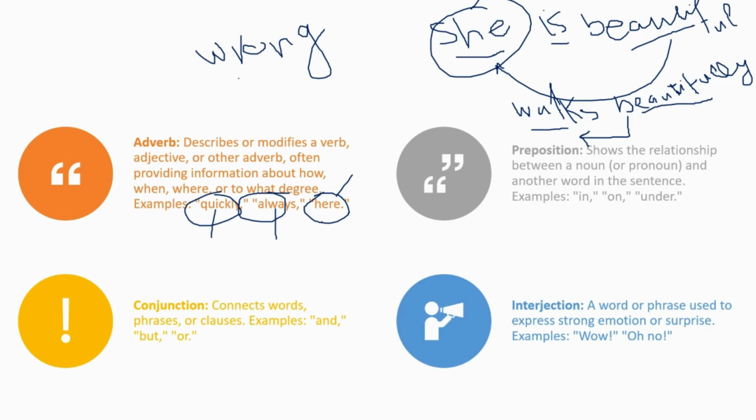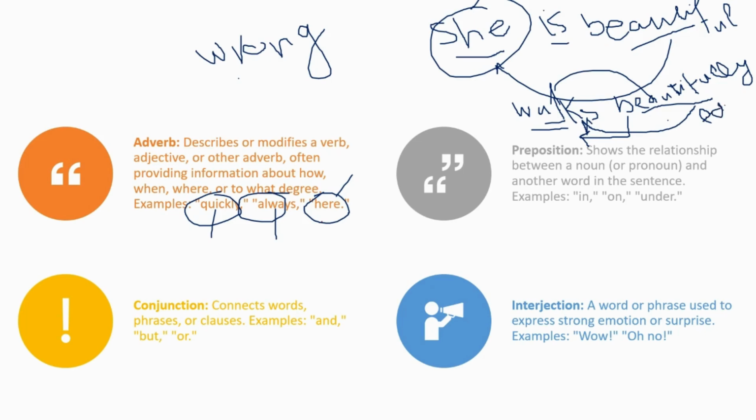She may be a different kind of woman, but walks beautifully. Her walk is beautiful. So walk is a verb. This word, beautifully, is qualifying, modifying walk. So this is an adverb, not an adjective.